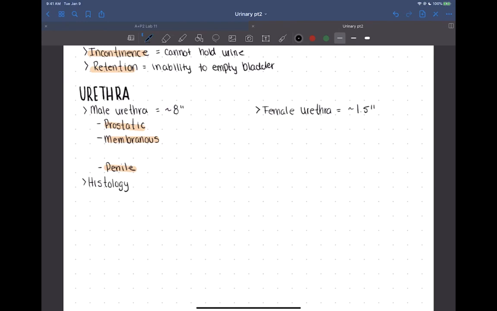And so the male urethra is divided into 3 different sections. You have the prostatic urethra, which goes through the prostate, and then you have the membranous urethra, which leaves the prostate and goes to the beginning of the penis.